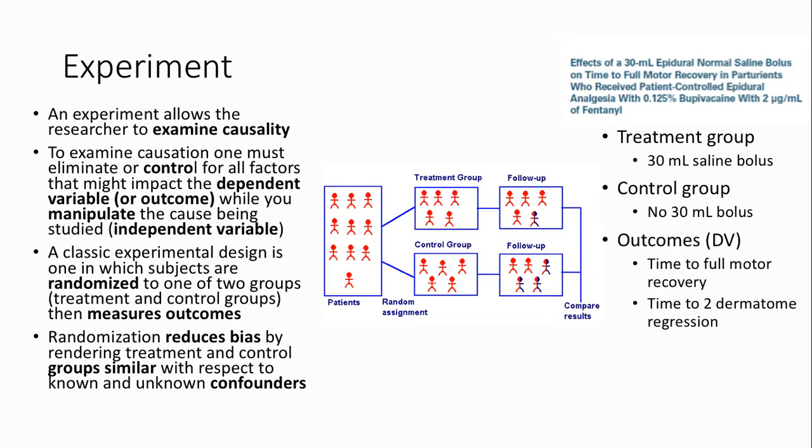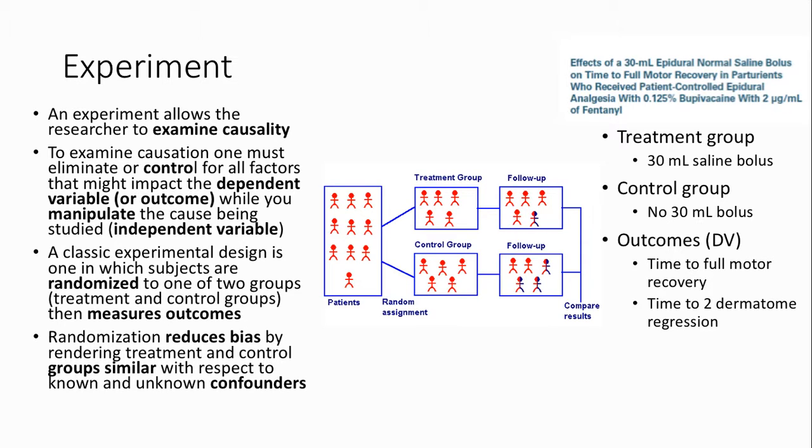And to examine causation, you've got to eliminate or control for all other factors that might impact what's called the dependent variable, or you can think of that as your outcome, while you manipulate the cause being studied, which is the independent variable.